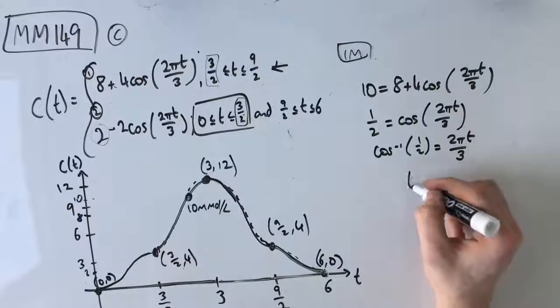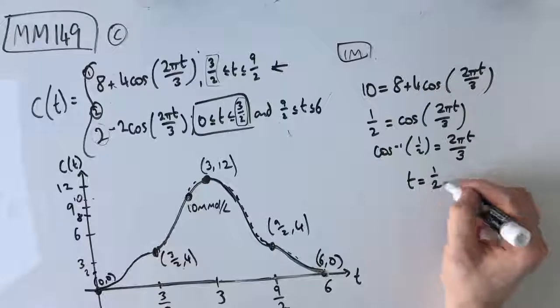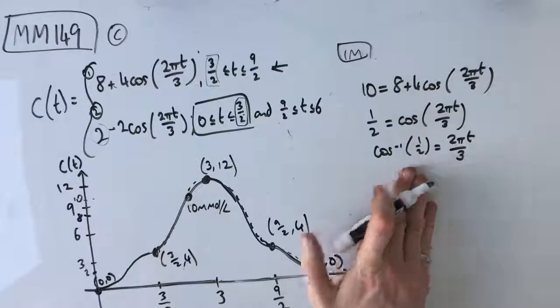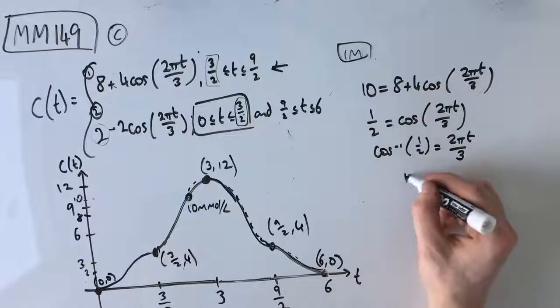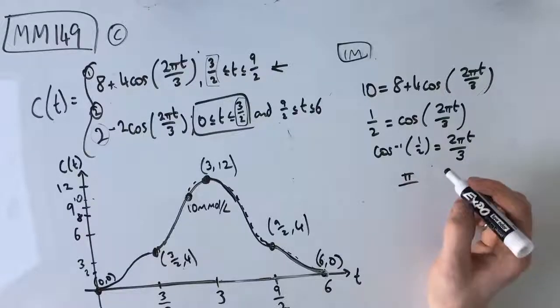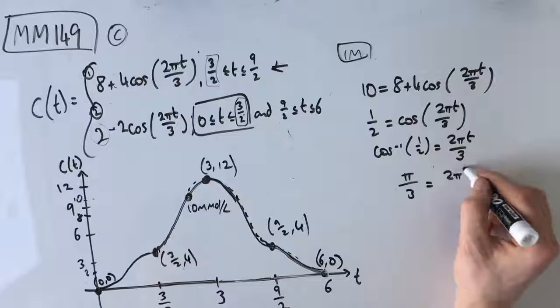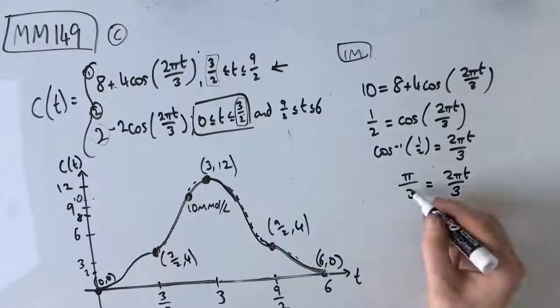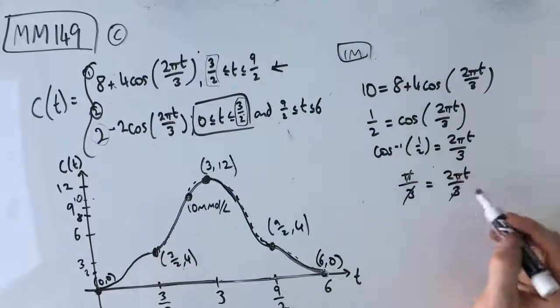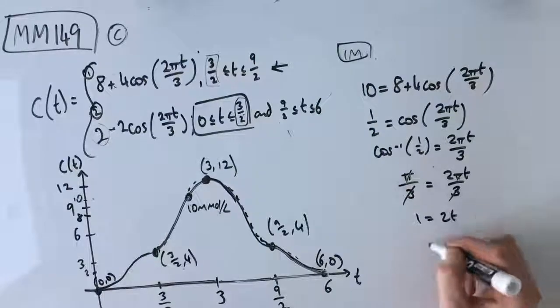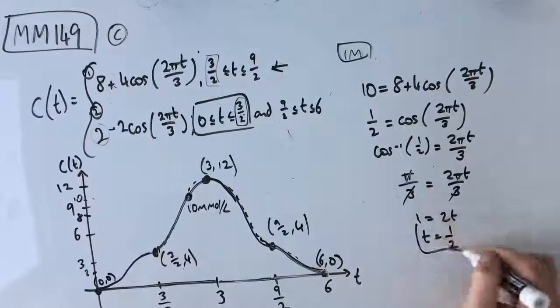Actually, let me just, I won't skip that many steps. So inverse cos of 1/2 is equal to pi on 3. So 2 pi t on 3. These two can cancel, the pi's can cancel. You get 1 equals 2t, so t equals 1/2.